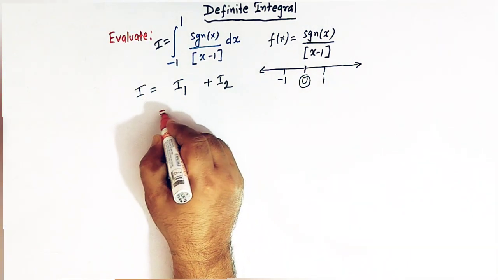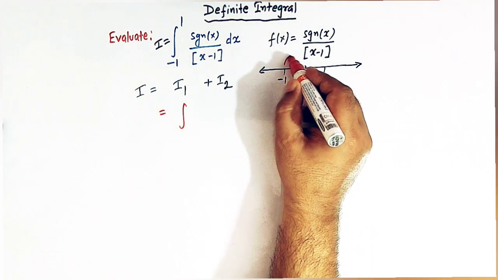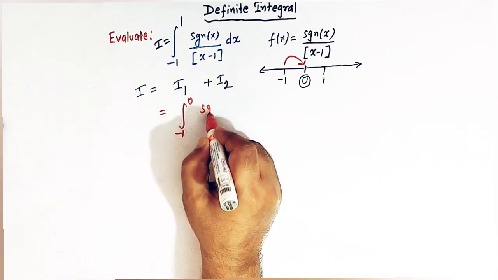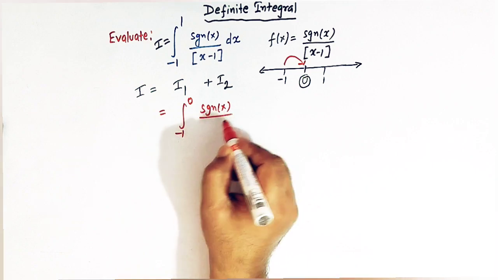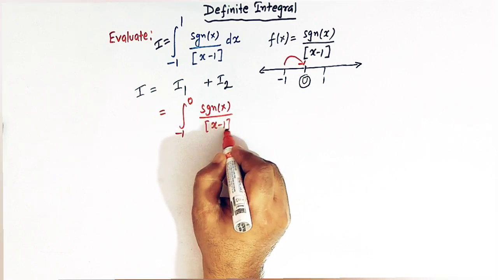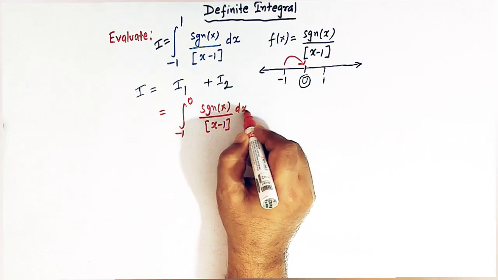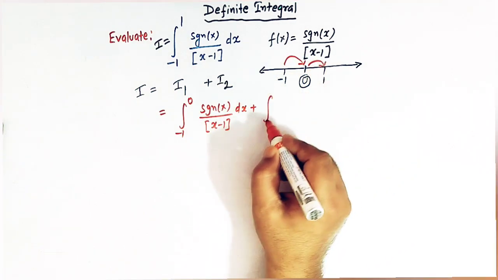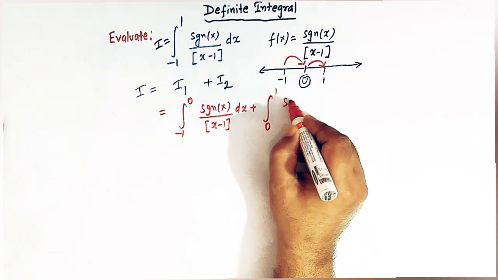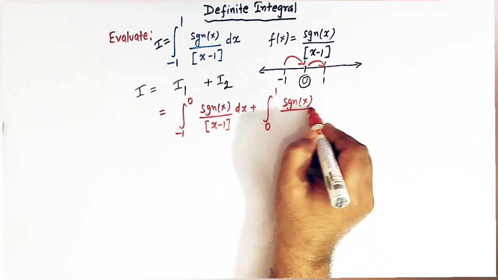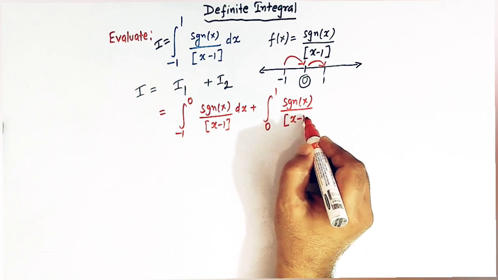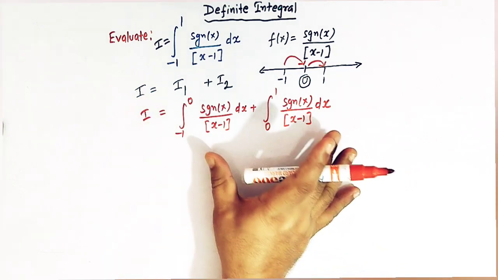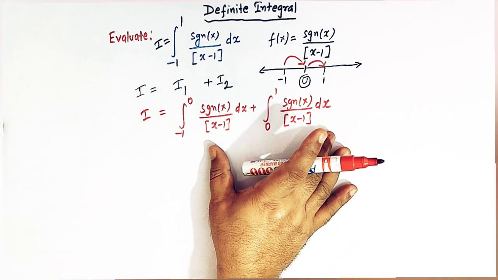So here I1 is from minus 1 to 0, and we have signum of x divided by greatest integer of x minus 1, right? And I2 is from 0 to 1, so here we have 0 to 1 signum of x divided by greatest integer of x minus 1, right? So now we have two integrals to solve, right?